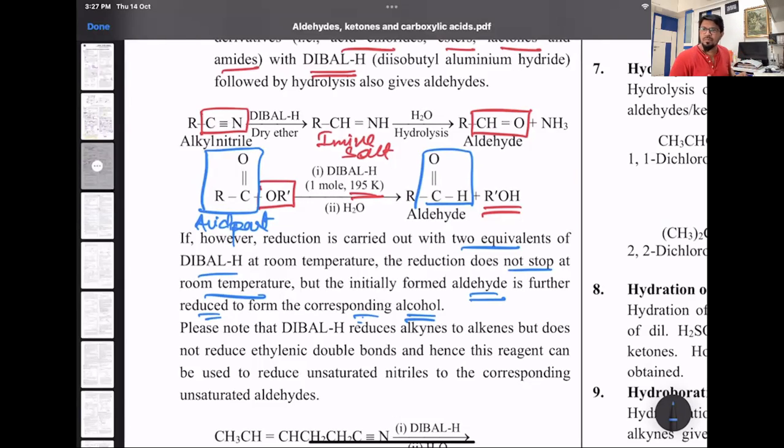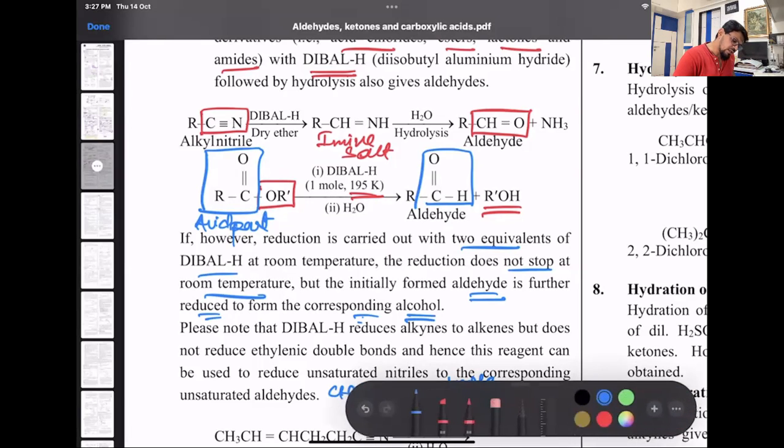What I'm talking about is a very simple example. Suppose I'm having methyl acetate. Now methyl acetate is this compound, CH3COOCH3. Now, if I take 1 mole of DIBAL-H, what's going to form?